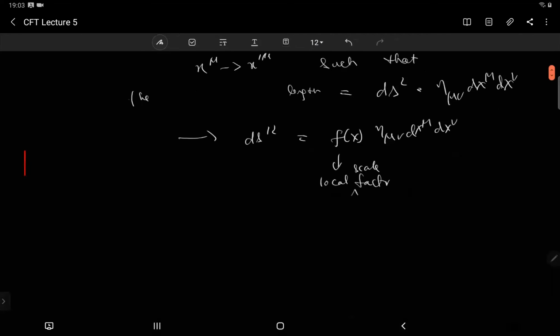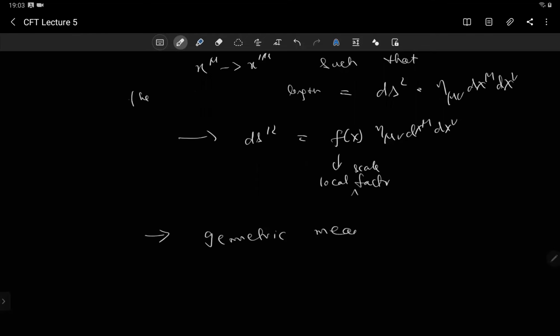The geometric way of saying it is that these are angle preserving transformations.